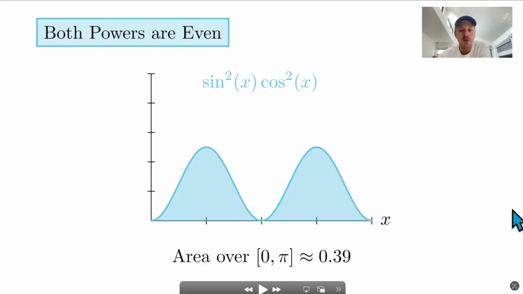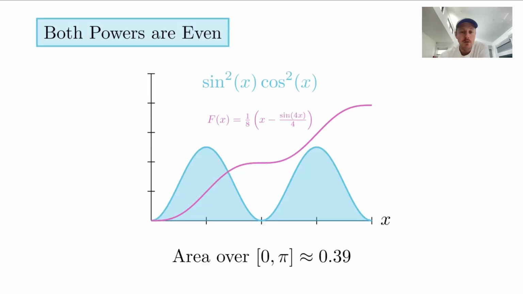From before, we found an antiderivative, which was 1/8 (x minus sin 4x on 4). From the fundamental theorem of calculus, if we're just taking integrals from 0 up to some point, then the antiderivative will find the accumulated signed area between 0 and that point.